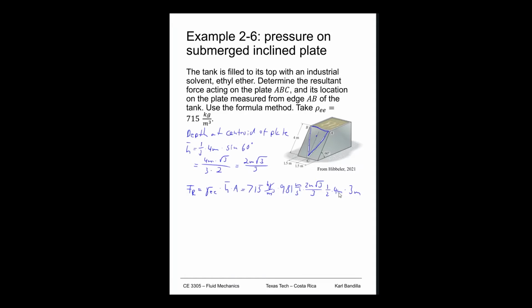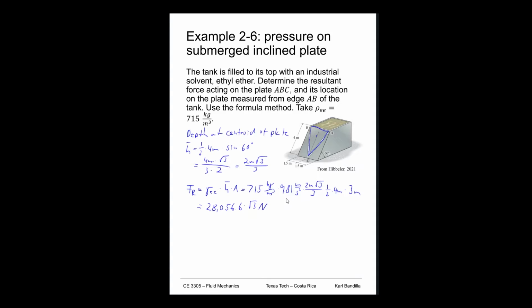All right, that's a lot of stuff. I don't think that gives us anything good, so maybe we'll just punch that in the calculator. That gives me 28,056.6 times square root of 3. It should be Newtons. So we have kilograms per meter over second squared, that's a Newton.